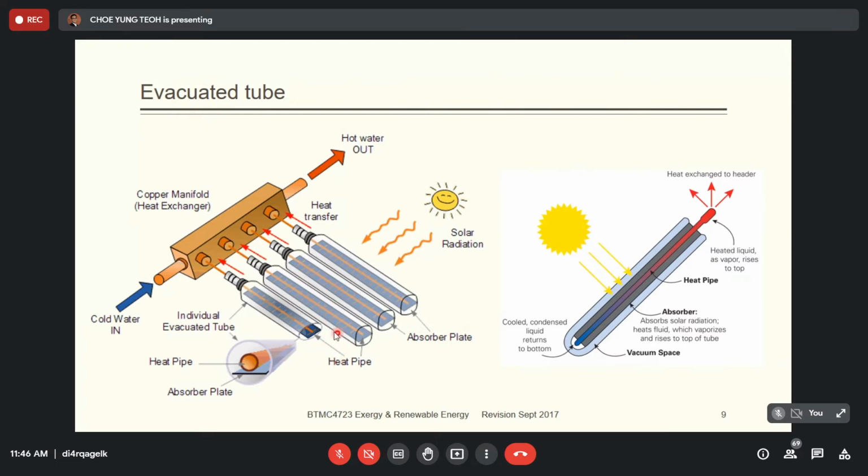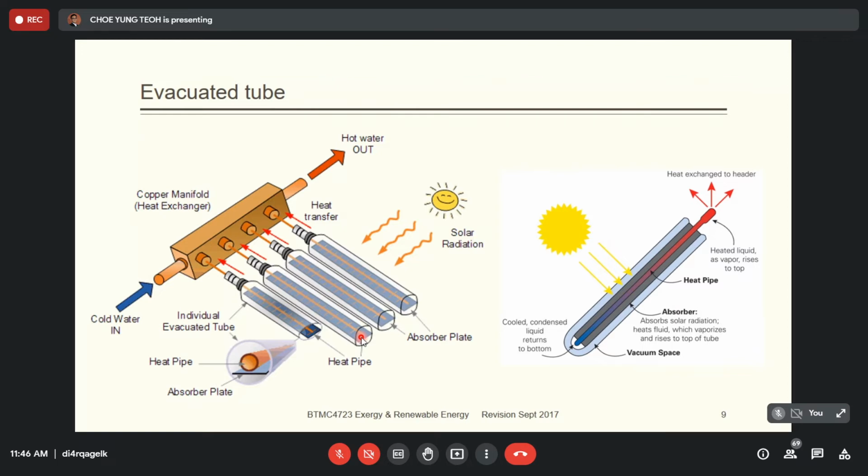And other than that, inside the tube, in the normal plate collector, we use water. Maybe we just add some antifreeze agent. But in this case, we no longer use water. We use alcohol, and mostly we use methanol.